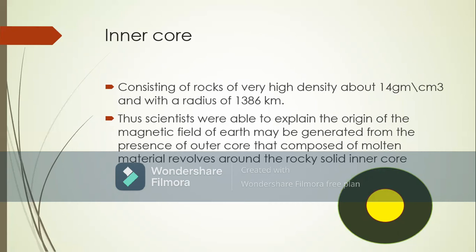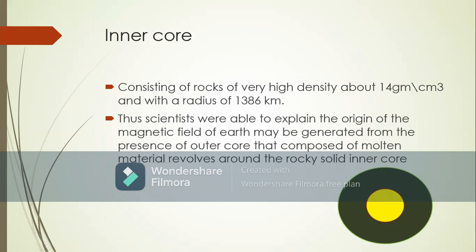The scientists were able to explain the origin of the magnetic field. The magnetic field of the Earth should be generated from the presence of the outer core, composed of molten material that revolves around the rocky solid inner core. So the inner core is solid.